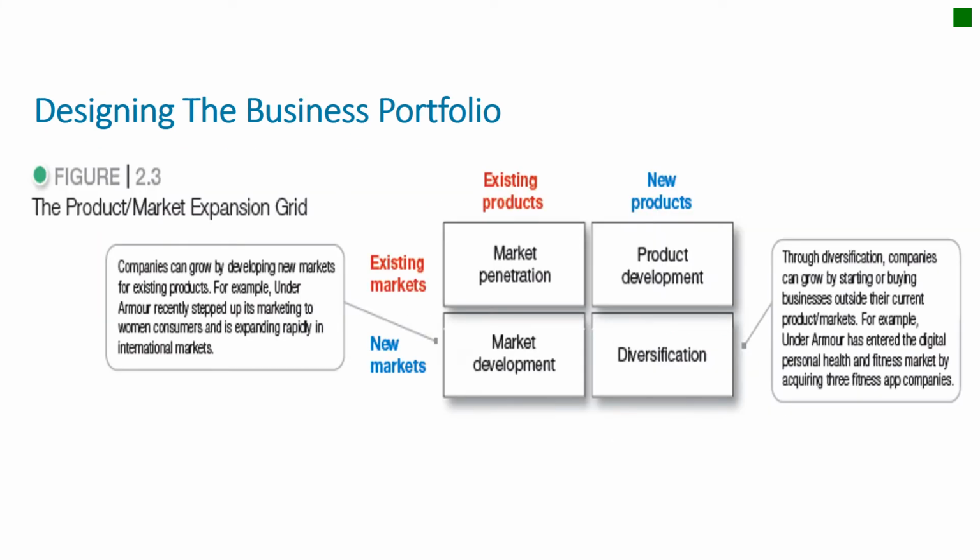This particular slide is focusing on the product market expansion grid. Marketers need to identify, evaluate and select market opportunities, and of course they need to have strategies to do so. This particular grid is a useful device for them to identify growth opportunities.